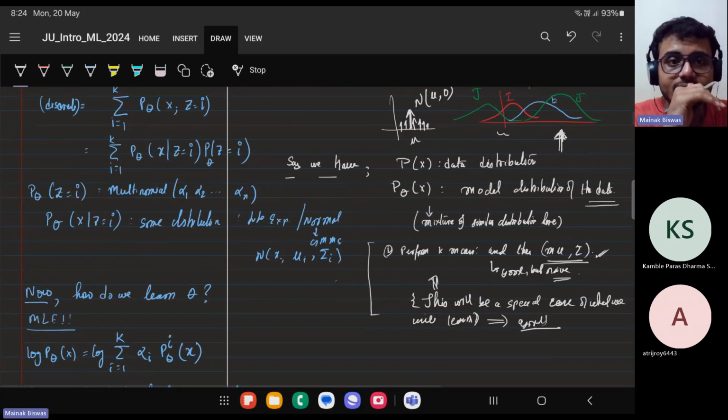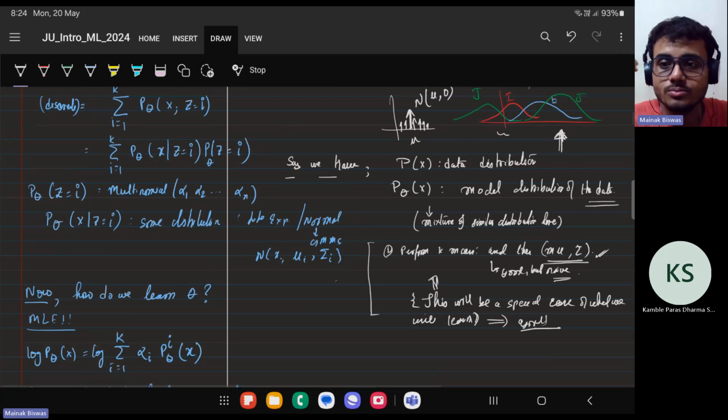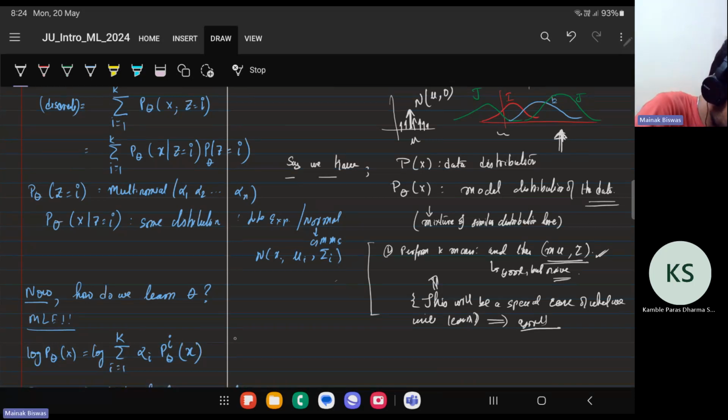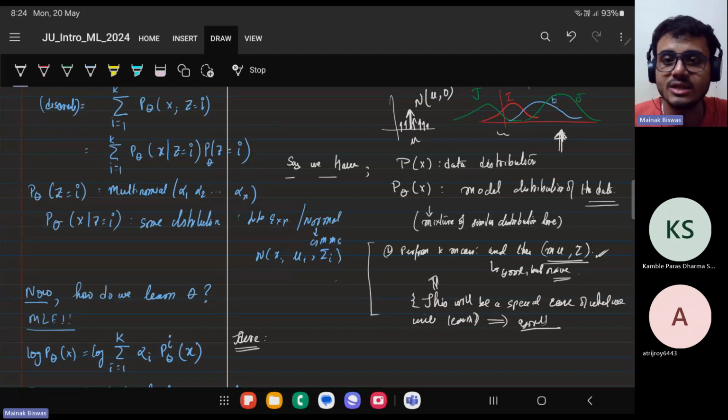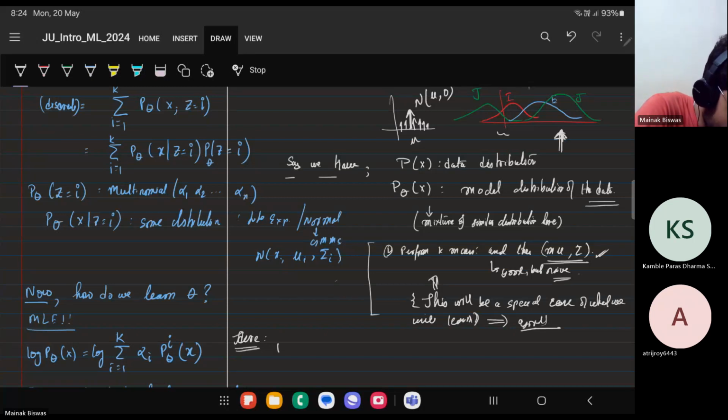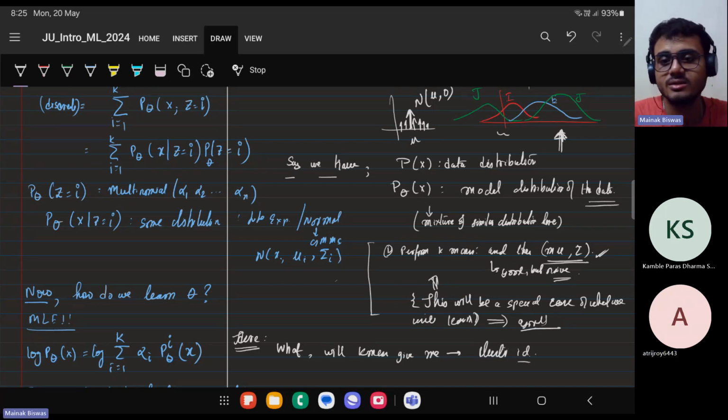So with that, let us see what we can do. Here, I can introduce another idea. You told me to perform k-means. What will k-means give me? Good that you are giving me this idea. What will k-means give me? This will give me a cluster ID, right? It will help you select the data points in the same cluster.